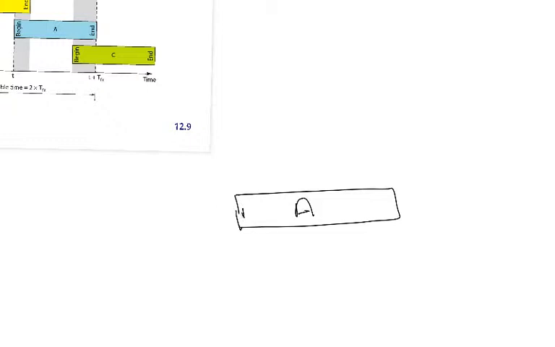So this is the beginning of the frame and this is the end of the frame. If node A sends at time t, the node will spend a time equal to the transmission time, which makes the end time t plus t transmission.